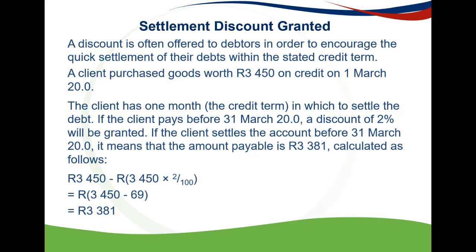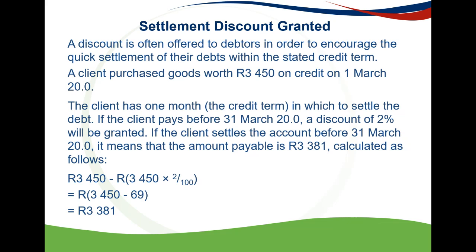So he will buy for 3,450, but if he gets this 2% discount, he will only pay 3,381 Rand. Now, to calculate it, we said the amount is 3,450. You take 2% from 3,450. That will give you 69 Rand. So the discount on 3,450 will be 69 Rand.